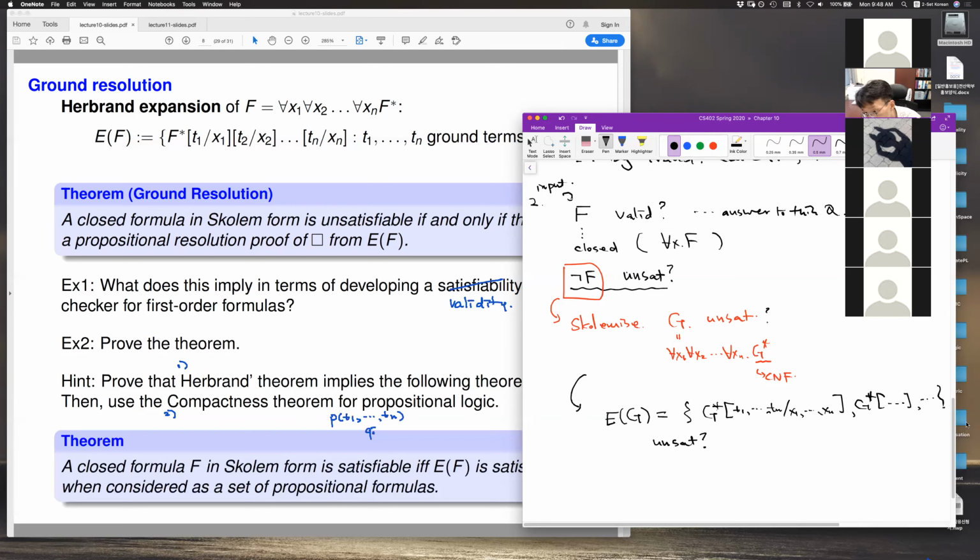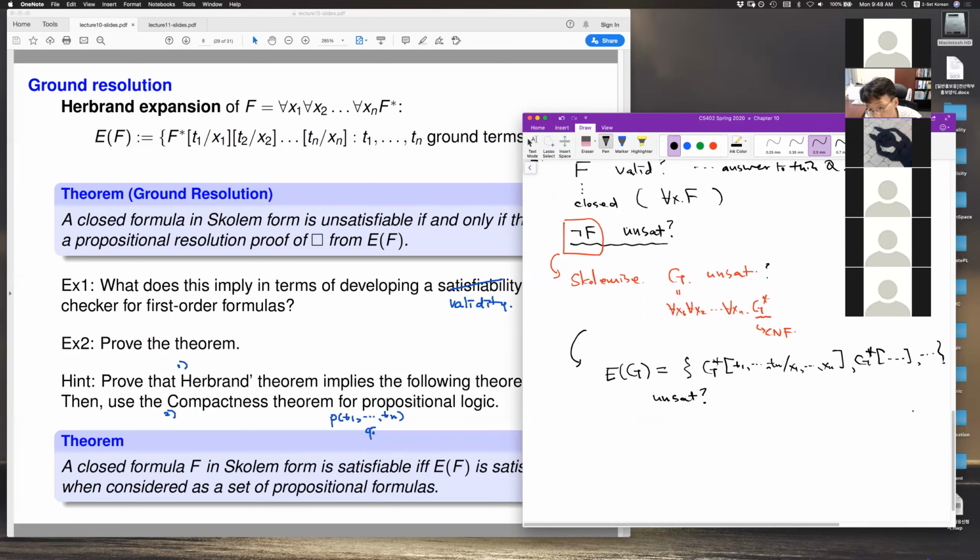But as I said before, because now all the quantifiers are gone and we don't have any free variables, this entire set can be understood as an infinitary conjunction of clauses.